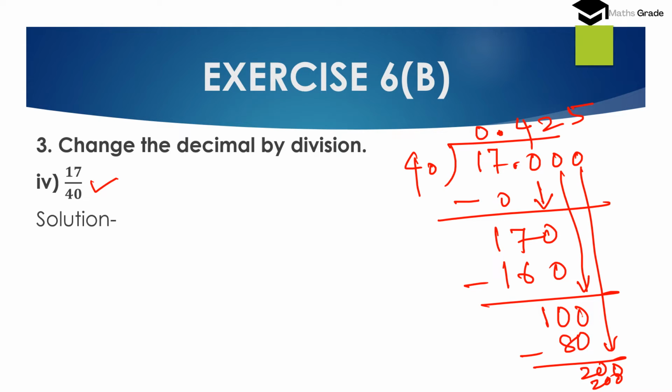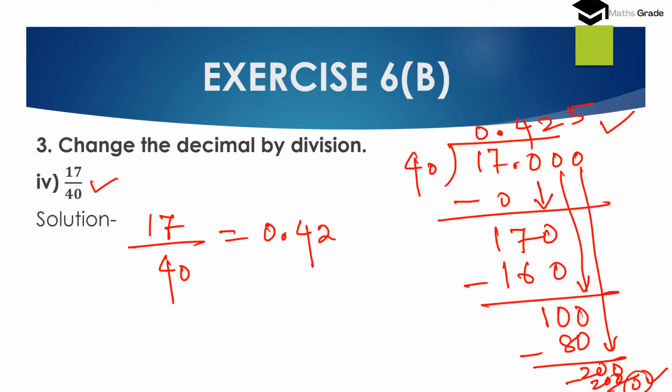And now 200 minus 200 is 0. Now the decimal is 0.425. So 17 divided by 40 is 0.425, and 0.425 is the decimal form of the fraction 17 divided by 40.